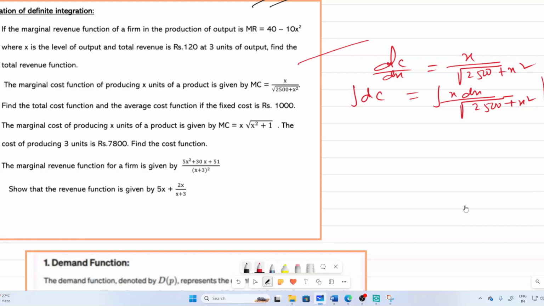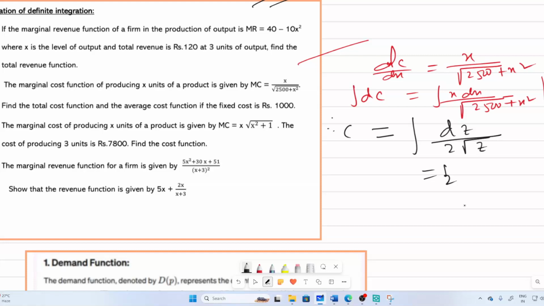On putting 2500 plus x square equal to z, or z square as you like, if you differentiate, 2x dx equal to dz. So on integration this will give you c, and there it is dz by 2 root z.